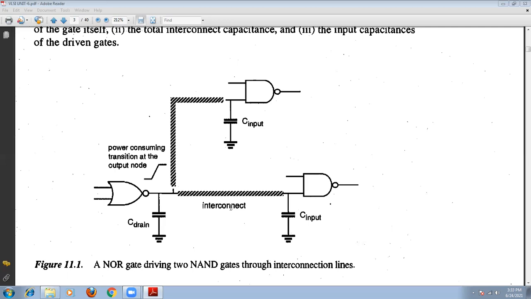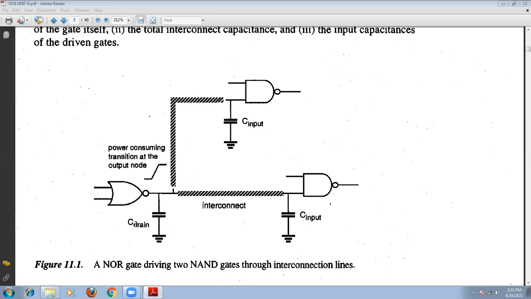And also, we have to consider the interconnection lines between the gates, because just see here, this line will be connected to this line, and this line is also connected to this line. That means the amount of capacitance due to this interconnection also has to be considered. So the interconnection lines between the gates contribute the second component of the total capacitance.